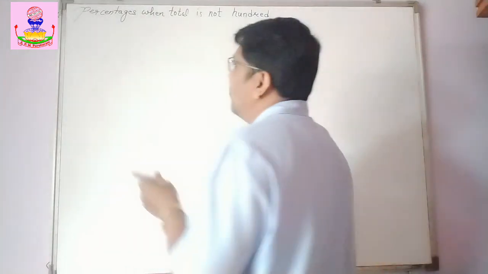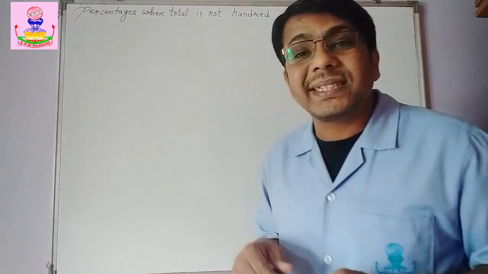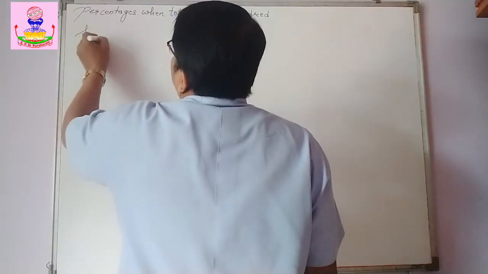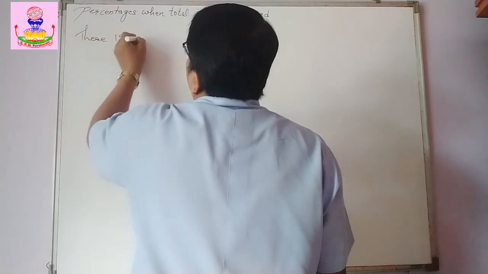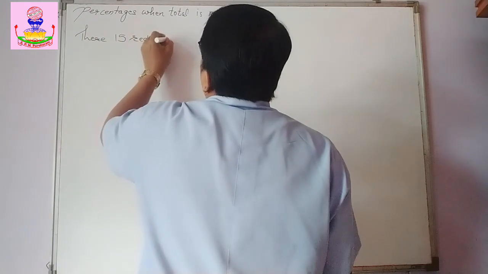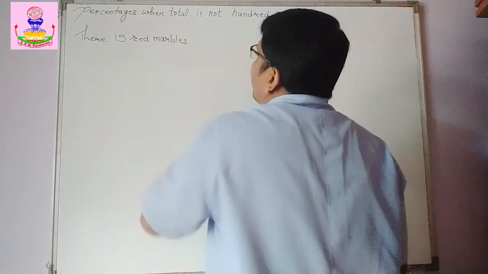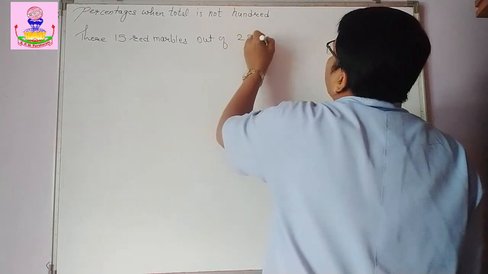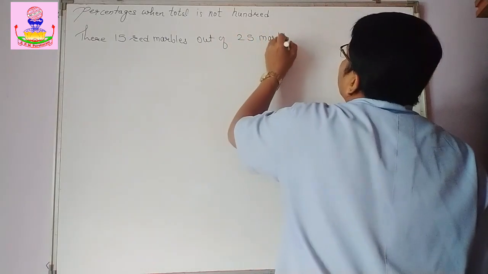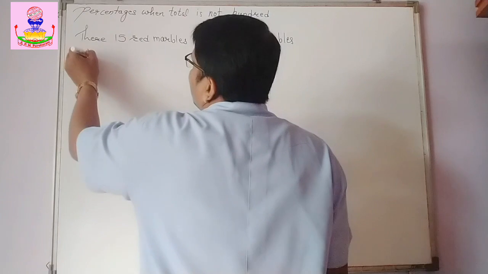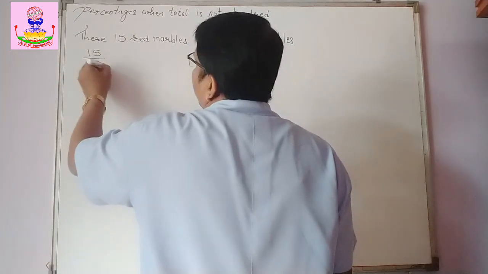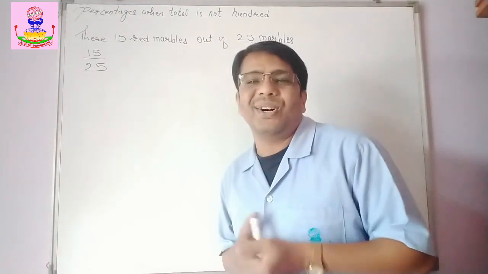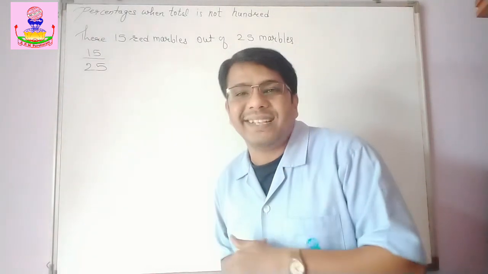So how can we find the percentage? There are 15 red marbles out of 25 marbles. So that means 15 upon 25. Is the denominator 100? Not at all. So what should we do?